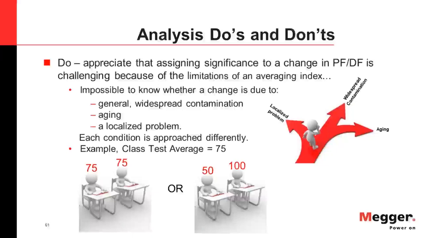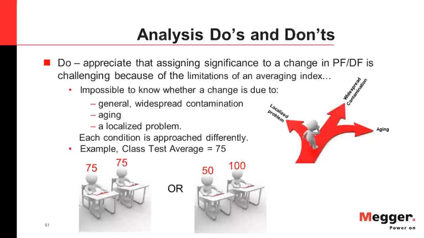As an example, if you're only working with an averaging index like a class test score, and the average is 75, there's no way for you to know whether you have two students with the same score, both getting a 75 on the exam, or two students with extremely different scores that average to 75.